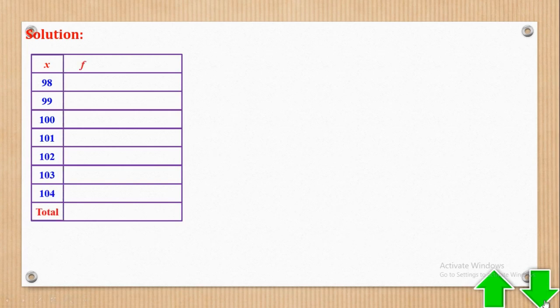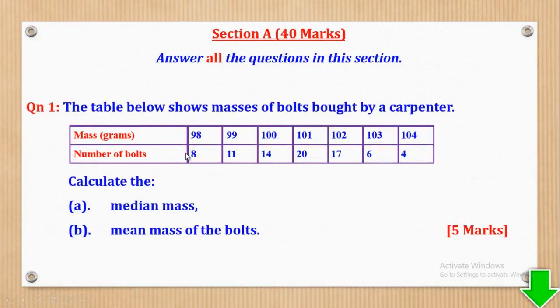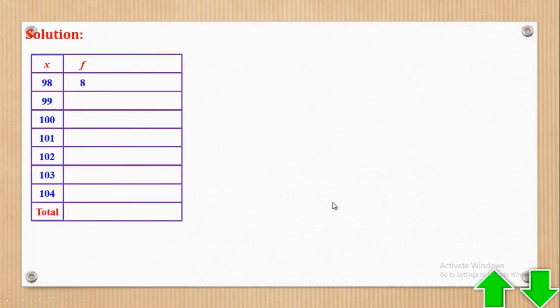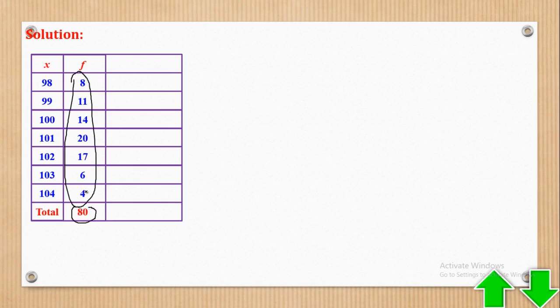F means frequency, and these will be the very values for the number of bolts here. So you come and put them there. Now this 80 is the total, so when you add all these values, you'll come up with 80, which you put here under the row of total.